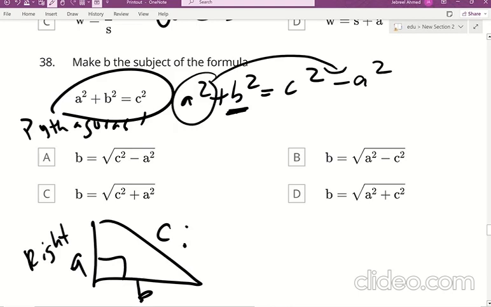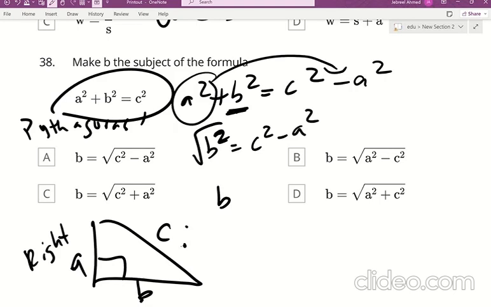It's going to become minus a squared. b squared equals c squared minus a squared, right? So if I want b by itself, I have to take the square root of b squared, but I also have to take the square root of c squared minus a squared. So b equals the square root of c squared minus a squared.